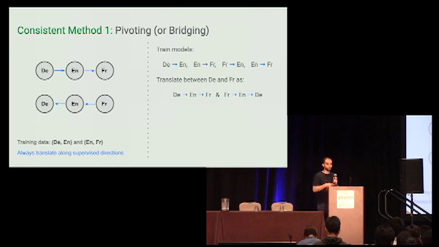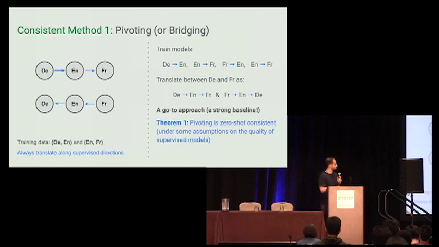All right, so there are methods that satisfy this definition and are provably zero-shot consistent. One of them is super simple. It's bridging through a pivot language. Basically, we assume that we have some language that is central in our graph, and we would be able to get supervised models, let's say in this case from German to English and from English to French. And whenever we want to translate from German to French, we just pipeline the models together.